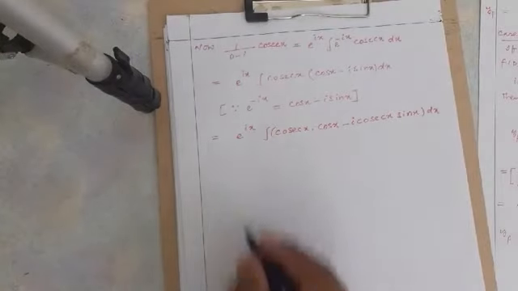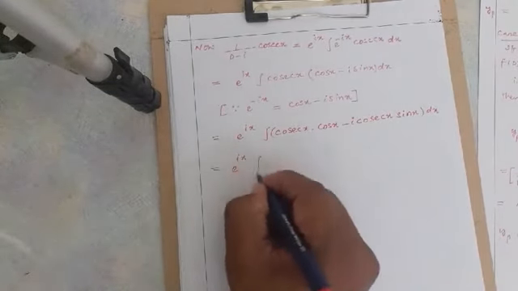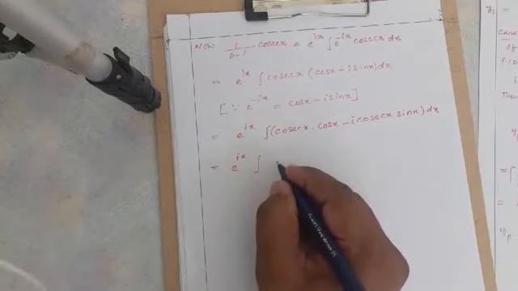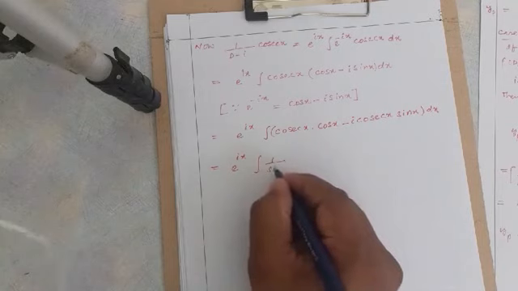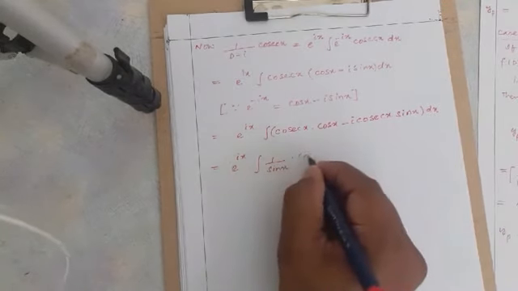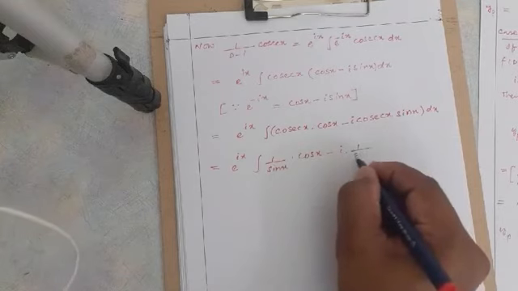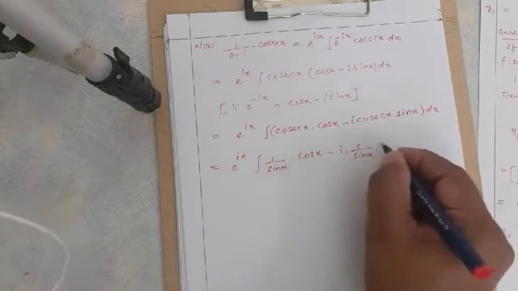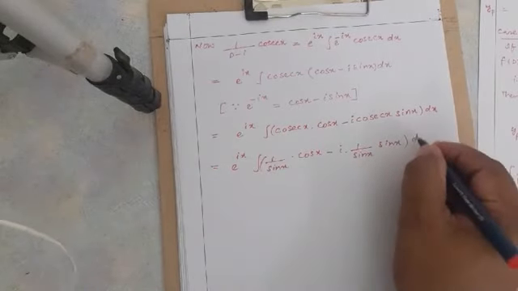After this you can write this is equal to e power ix integral, cosec x can be written as 1 by sin x, into cos x minus i into 1 by sin x into sin x, put the bracket dx.